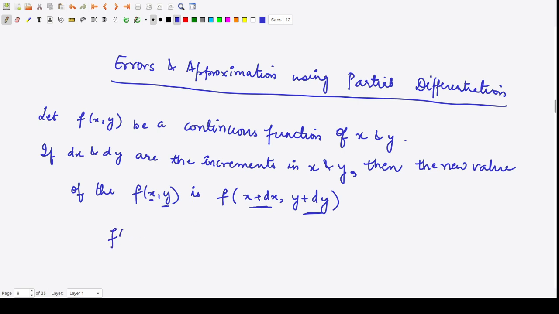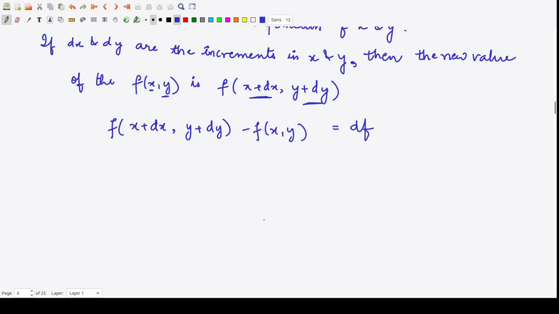Whatever the difference in these two function values, f of x plus dx, y plus dy minus f of x, y, we call that df, using the Taylor series expansion. How do you obtain this from the Taylor series expansion? What is your Taylor series expansion of f of x plus h?